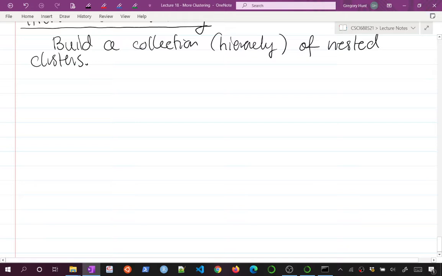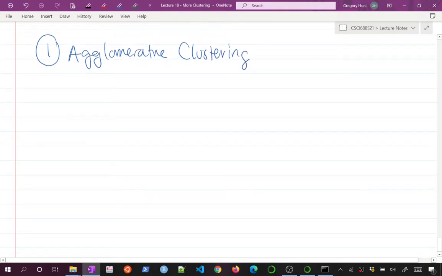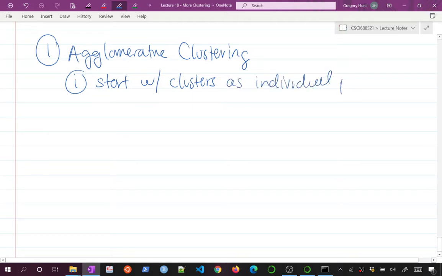And so how are we going to do this? There are a couple ways of doing this. One is called agglomerative clustering. And the idea with agglomerative clustering is that I'm going to start with clusters as individual points. So I'm going to start with each point I have as its own cluster.